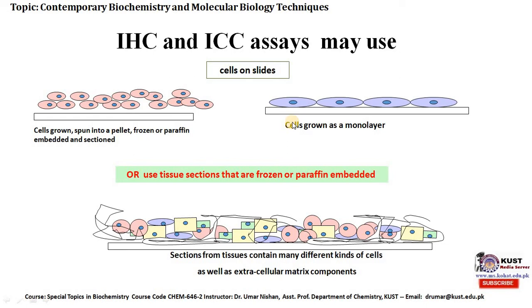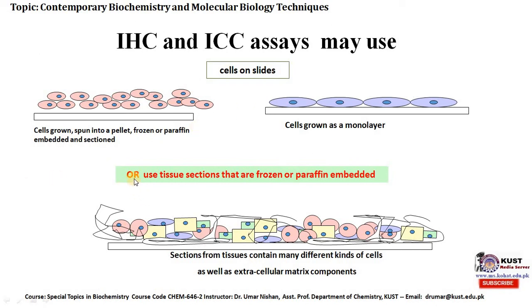The antibodies that are produced only bind specifically to the antigen against which they are produced. So there are very few chances of unspecific binding.